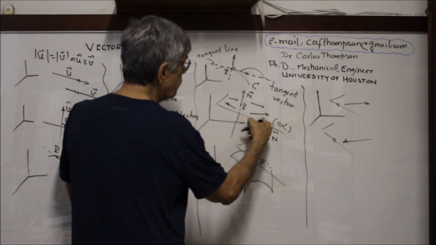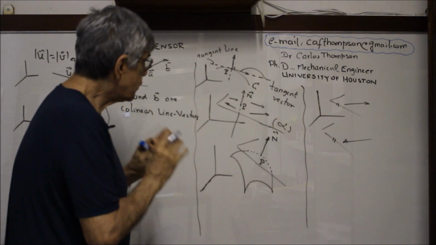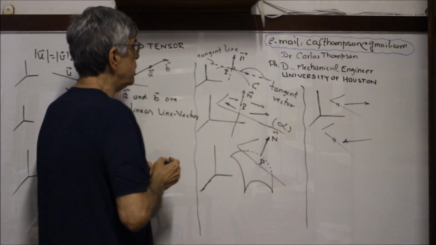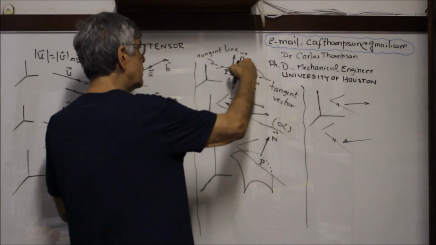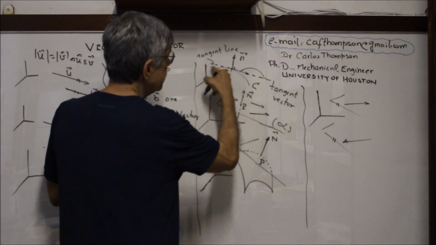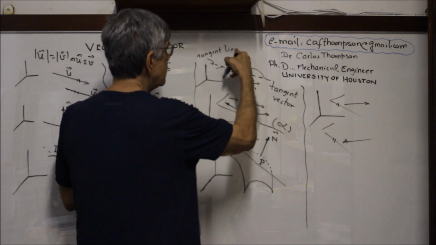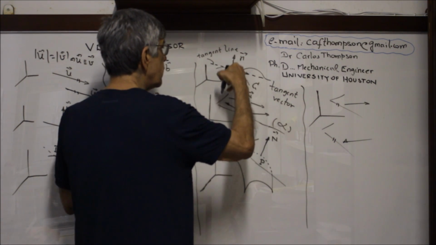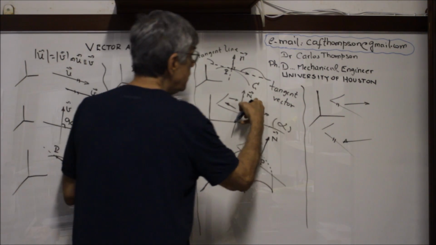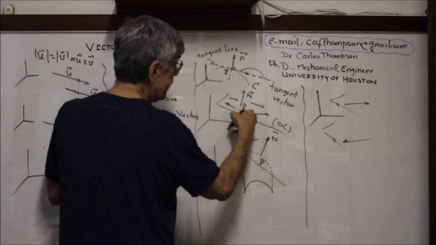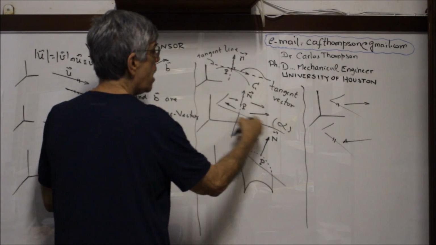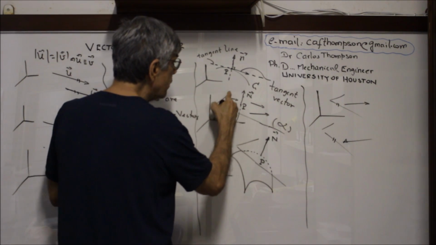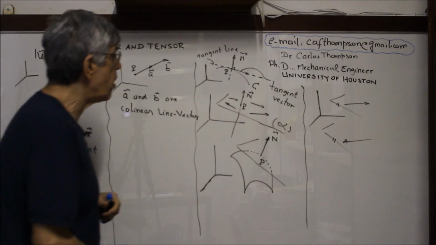And here is a normal to the plane. You see the difference. This small n is normal to the curve, because it's perpendicular to the tangent vector. Capital N is normal to the plane alpha. Now, N is perpendicular to any of these vectors lying in the plane alpha.